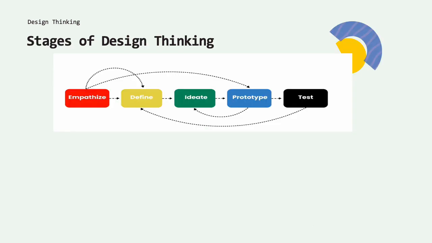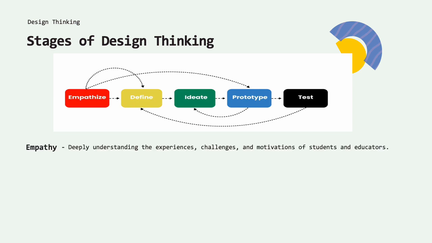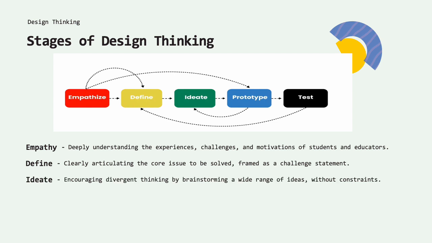What are the stages of the design thinking process? Empathize. Deeply understanding the experiences, challenges, and motivation of students and educators. The define stage. Clearly articulating the core issue to be solved, framed as a challenge statement. Ideate.